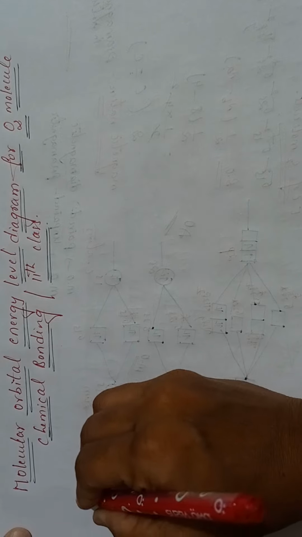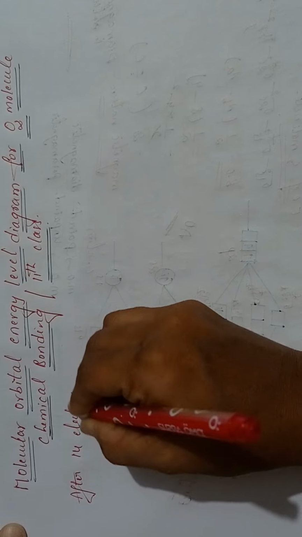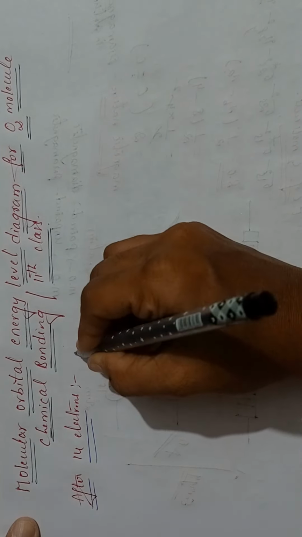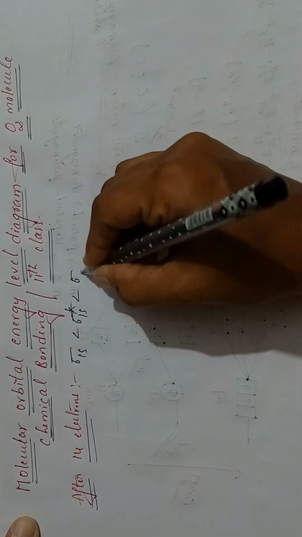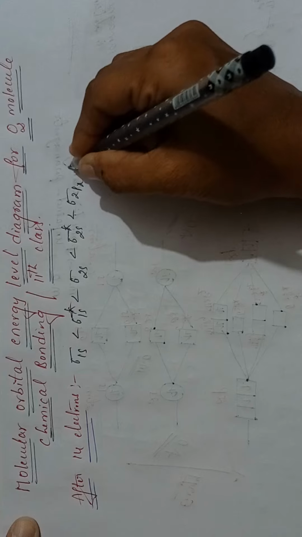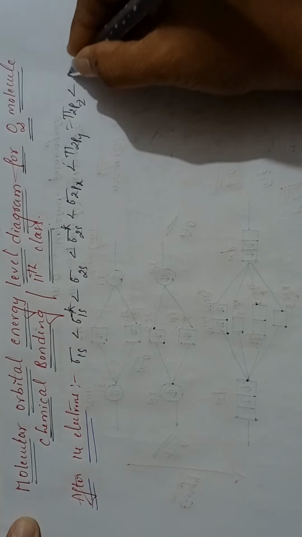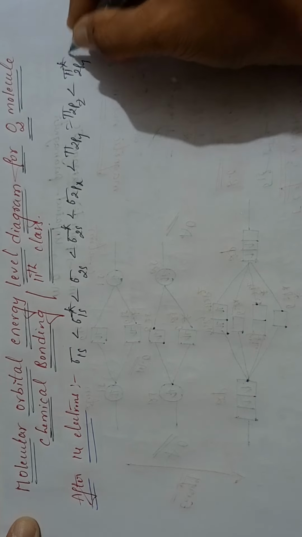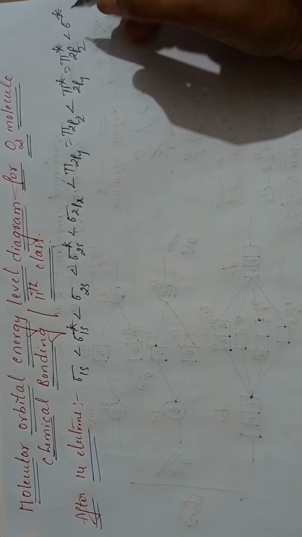Energy increasing order after 14 electrons. Now see students, after 14 electrons: sigma 1s less than sigma star 1s less than sigma 2s less than sigma star 2s less than sigma 2px less than pi 2py equal to pi 2pz less than pi star 2py equal to pi star 2pz less than sigma star 2px.